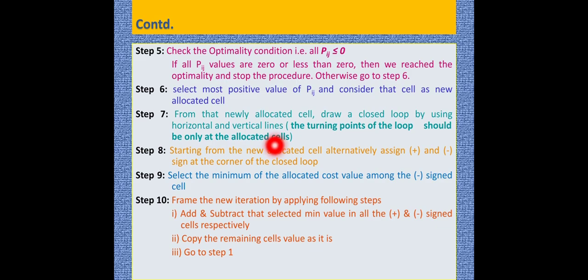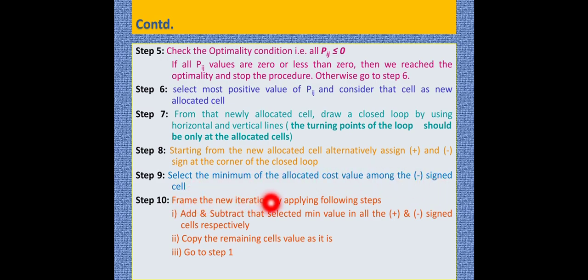So whatever lines you draw, the turning points should be at allocated cells only. Step 8. Starting from the new allocated cell, alternately assign plus and minus signs at the corners of the closed loop. Step 9. Select the minimum of the allocated values among the negative signed cells.